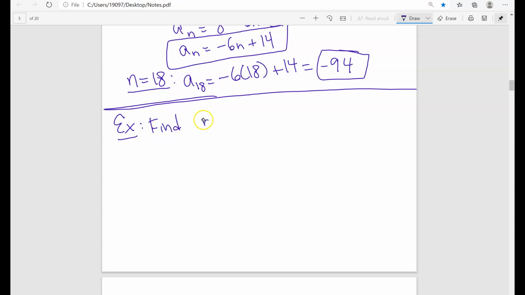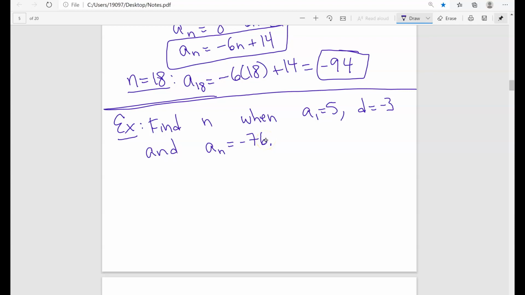Find n when A1 equals 5, the common difference is -3, and the nth term is -76. Okay, so now we're finding the value of n. So what term am I in when a sub n is -76?